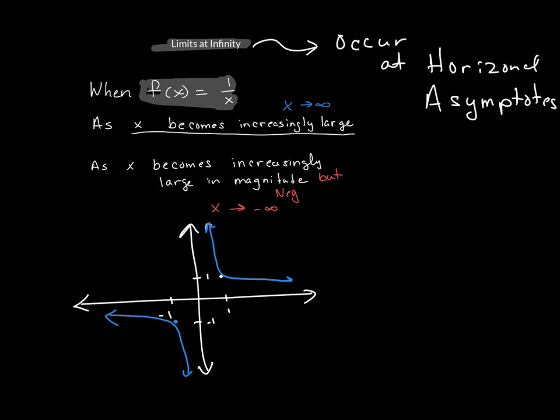And if we look at this graph, we have a horizontal asymptote here at y equals 0.